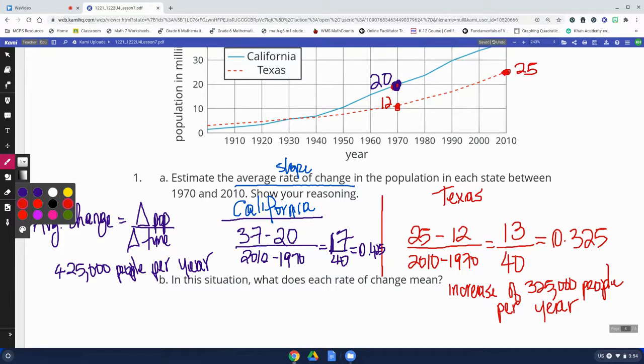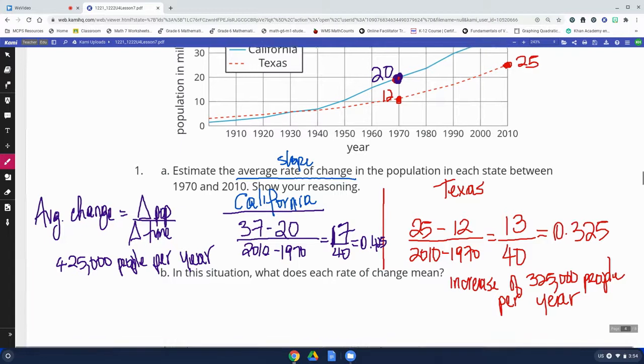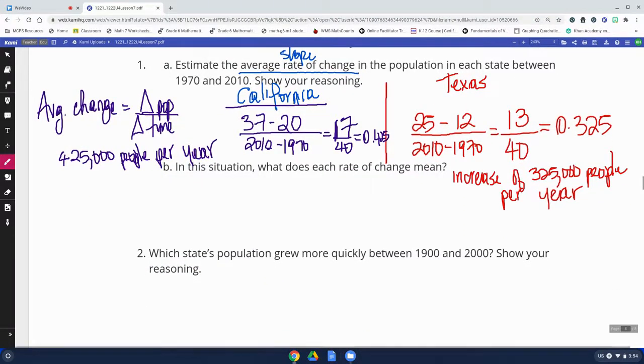All right. B says, in this situation, what does rate of change mean? Oh, well, we just talked about that, right? The rate of change means the change in population per year in each state. Right?